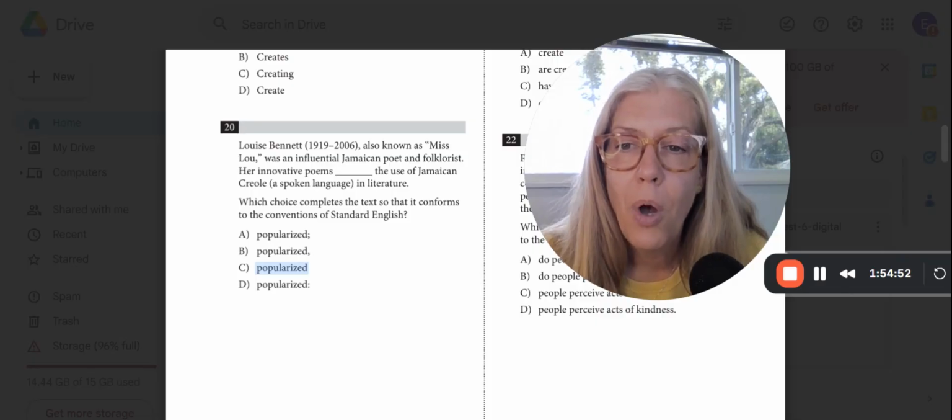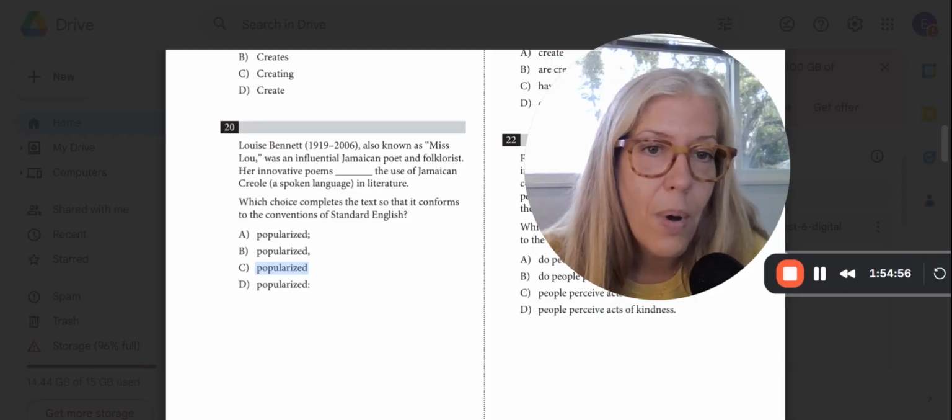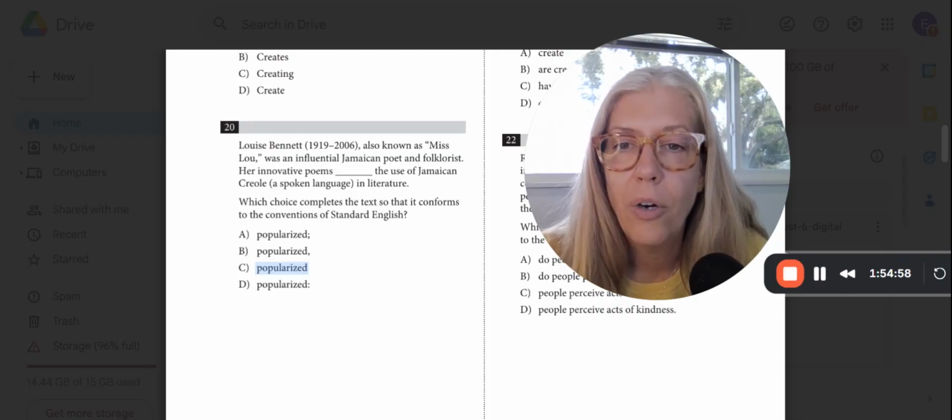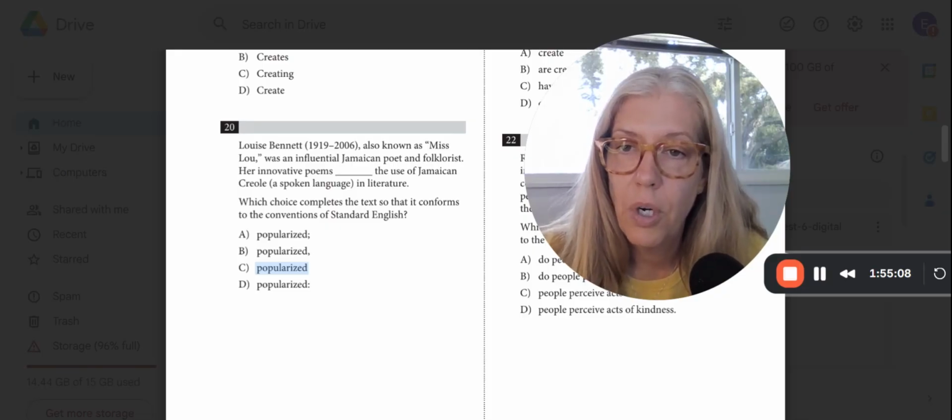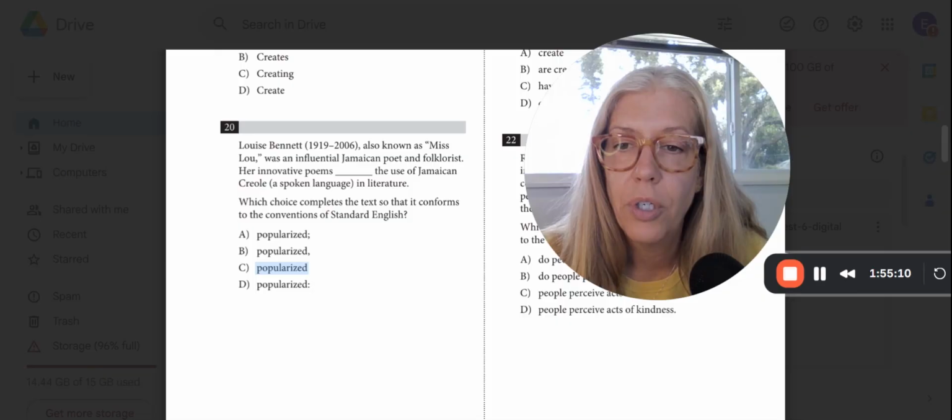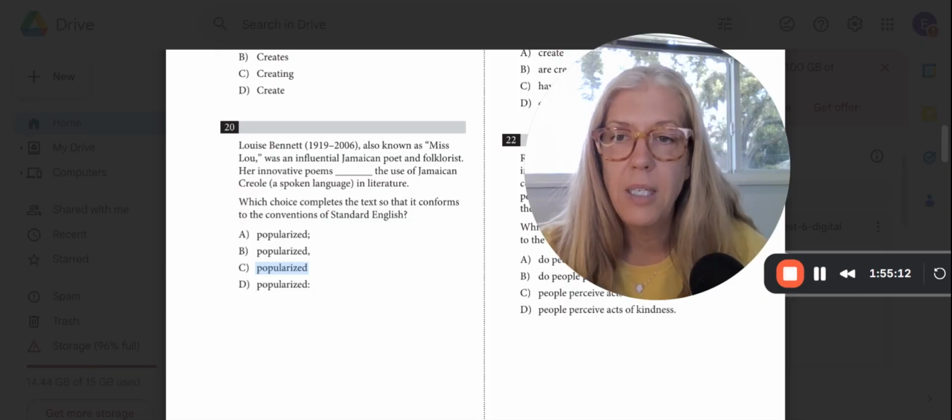Her innovative poems popularized the use of Jamaican Creole, another appositive, a spoken language in literature. Why do we need any punctuation? Her innovative poems popularized the use of Jamaican Creole. There's our appositive, a spoken language in literature. Yep, we don't need it. C is the correct answer.